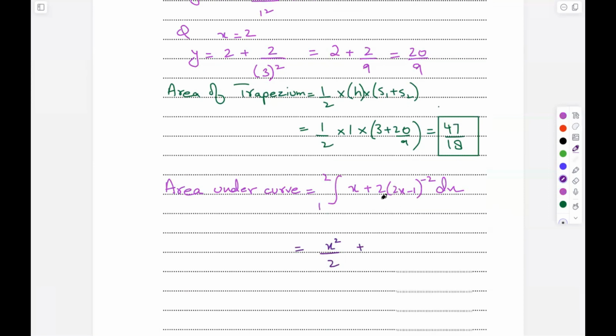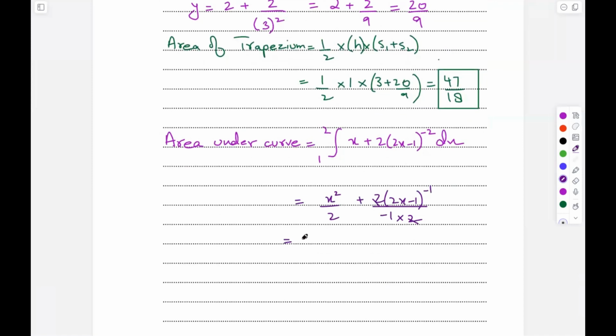Integrating this expression, the power of 2x minus 1 increases by 1, that will become minus 1. We'll divide it by the new power, which is minus 1, and also by the derivative of 2x minus 1, which is 2. So 2 and 2 will cancel out. We can rearrange this to write it as x squared upon 2 minus 1 upon (2x minus 1), bringing it to the denominator and writing it as a positive power.